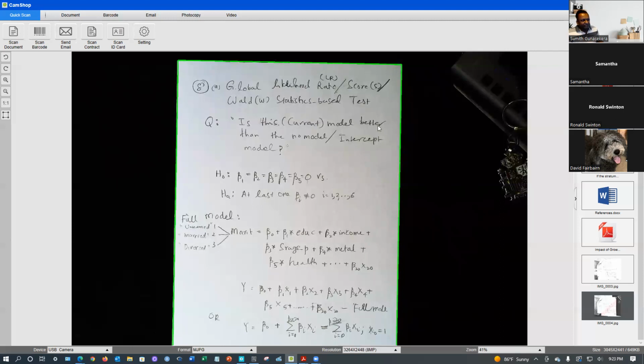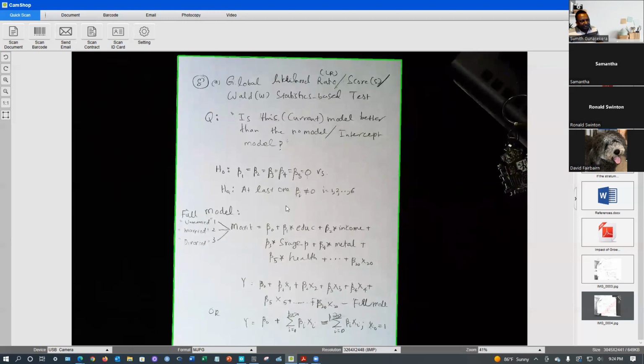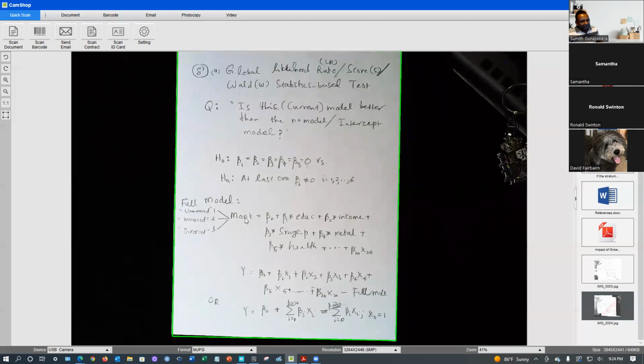Is this current model better than the intercept model? Here, marital status has 3 options. This one is categorical, and because it is categorical, we are using logistic.